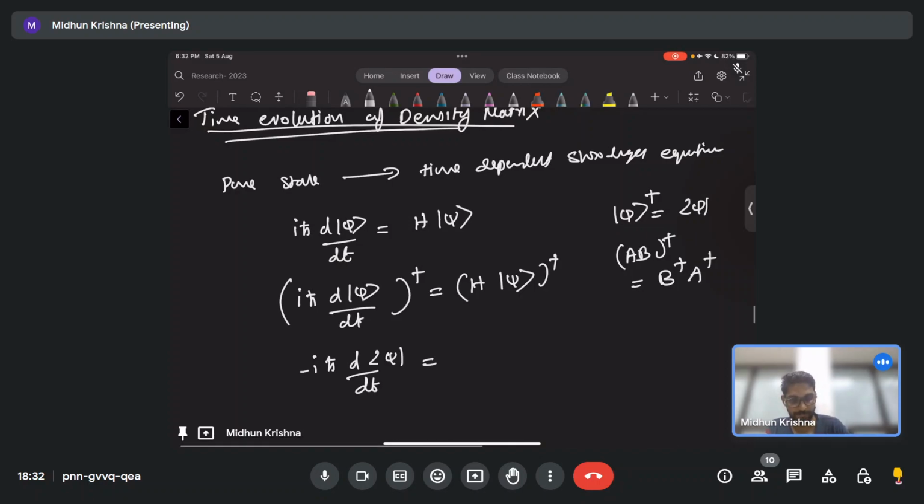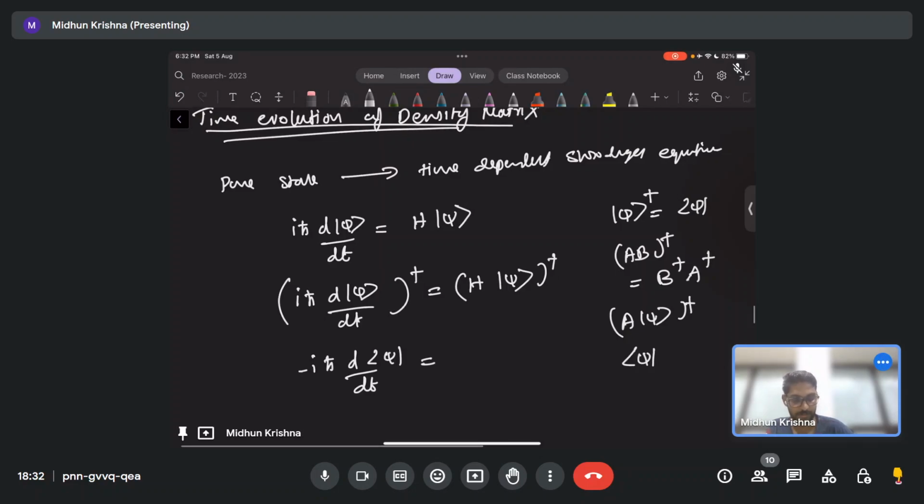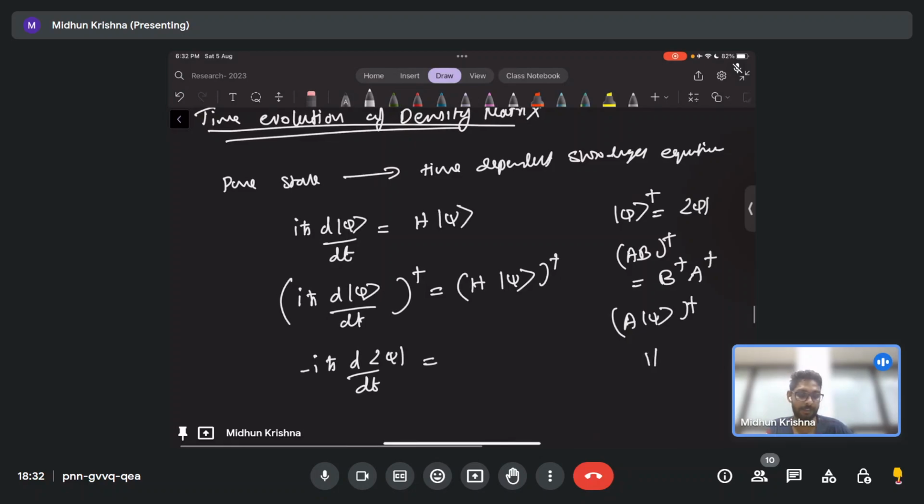So if A acting on psi, whole dagger, becomes what? The first thing is if I have a sequence A, B, when I take dagger, they swap; you have to invert the positions.